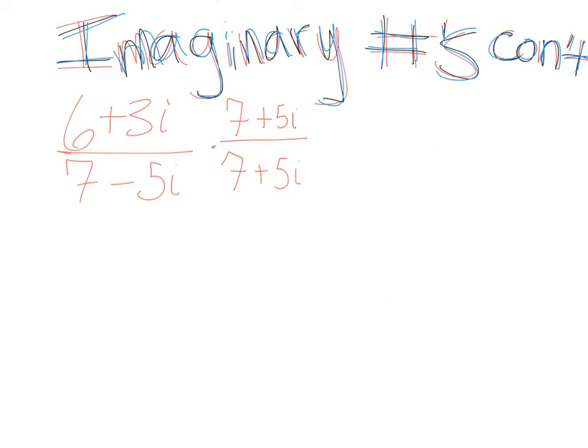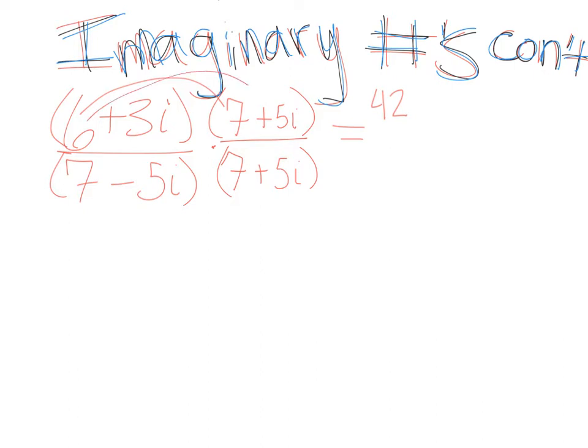So in order to multiply these, I'm going to FOIL. Remember, FOIL stands for first, outer, inner, last. So I start with the first terms in each of my binomials. I'm going to do 6 times 7. 6 times 7 gives me 42. Next I do my outer terms, the one all the way on the left and the one all the way on the right.